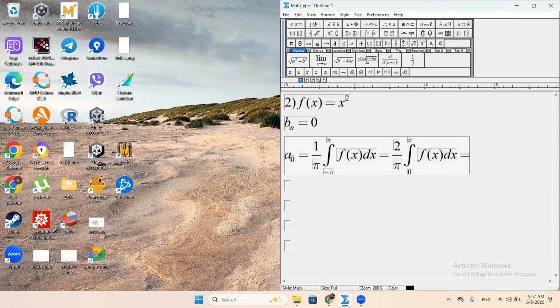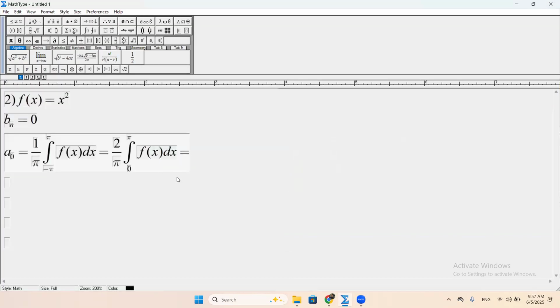So let's calculate. Here we will receive x squared dx, and it equals 2 over 3p x cubed from 0 to p.